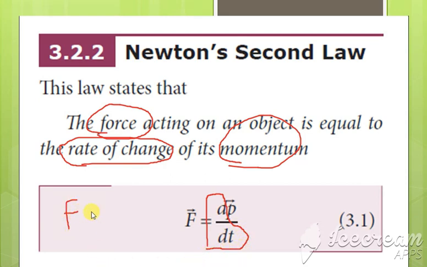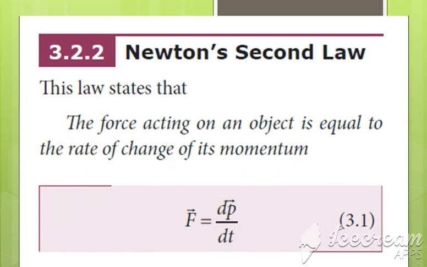So here what is said is force is equal to rate of change of momentum. That is why we write F is equal to dp by dt. So the force acting on an object is equal to the rate of change of its momentum, okay. So this is Newton's second law.